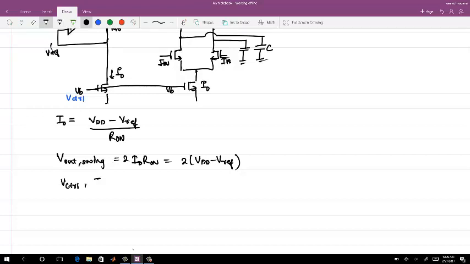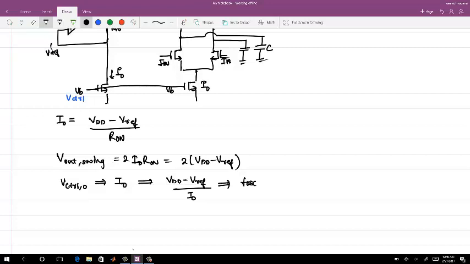So for a given V control you have I naught. Let me call this V control 0. You have I naught, and for a given I naught you have a resistance, VDD minus Vref by I naught, and this will basically give you the oscillation frequency.